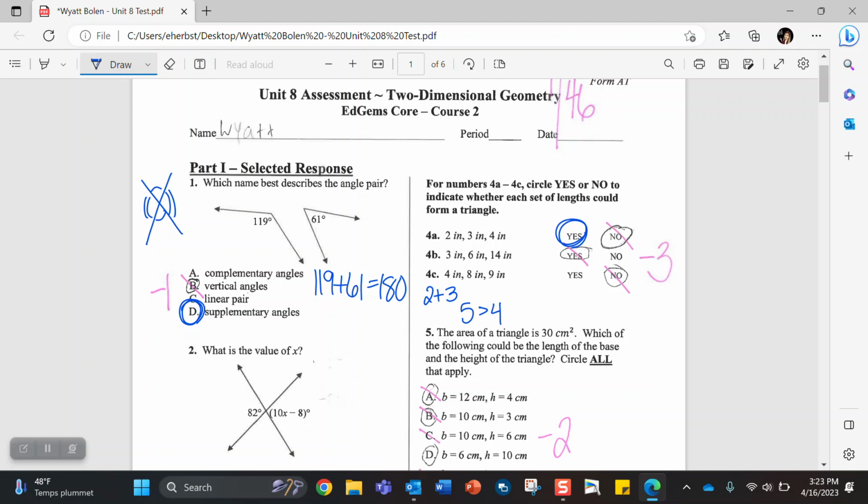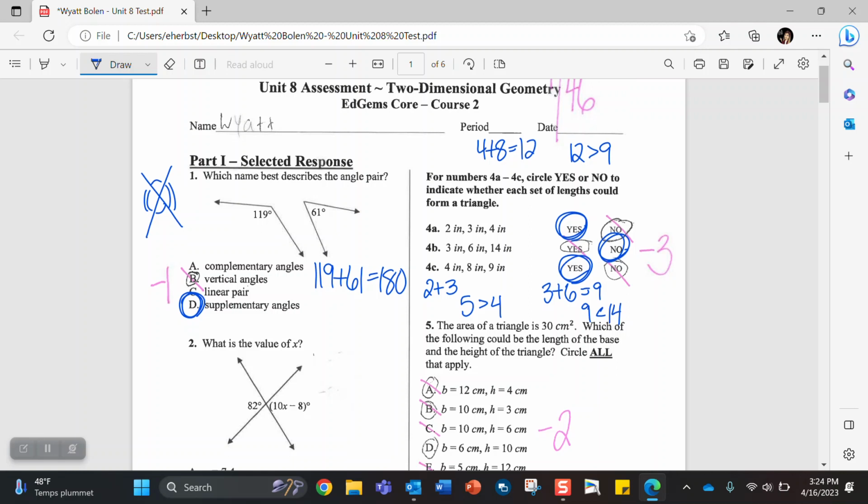In letter B, if I add 3 plus 6 together, again, I'm picking the two shortest sides always, that's 9. 9 is not greater than 14, it's less than 14, so that one should be no. And then in letter C, 4 plus 8 is 12. 12 is greater than 9, so that one does work again, so that's going to be yes. So again, we add the two shortest sides together and see if that's greater than the third side.